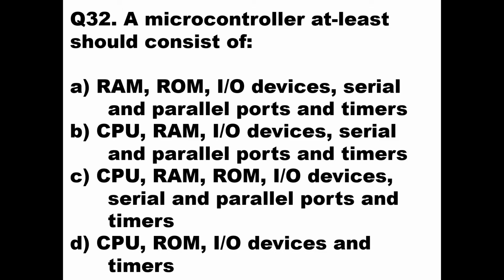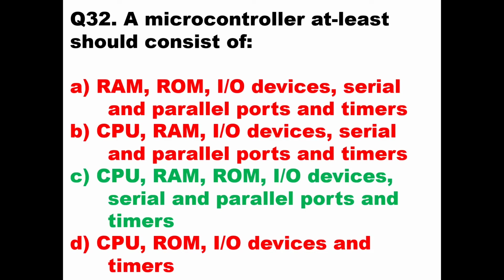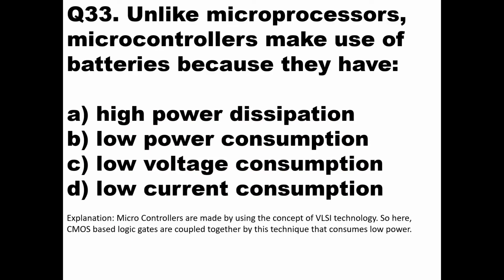So out of these four options, the option C is the right answer, because first is basic CPU, and then CPU is added with the features like RAM, ROM, IO devices, serial, parallel ports, and timers. Okay, so option C is the right answer. Okay, so these are the basic features which at least a microcontroller should consist. Then we'll go to the next question, question number 33.